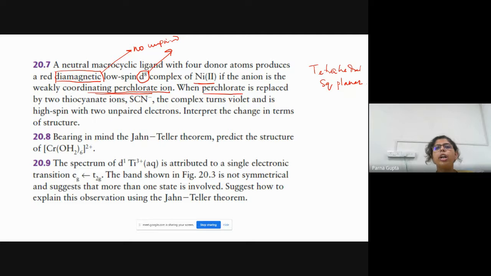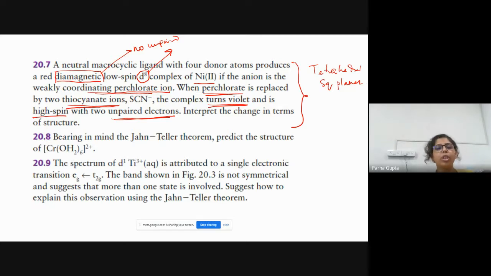When perchlorate is replaced by 2 thiocyanate ions, the complex turns violet and is high spin with 2 unpaired electrons. So this problem you just think, and I shall come back to you next.